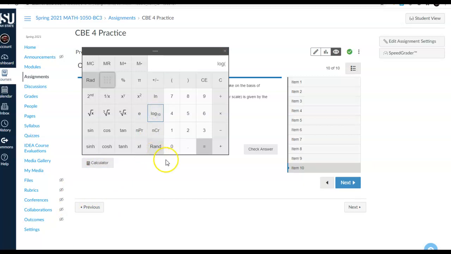So log of 2.94 times 10 to the 14. Whoops, that didn't work. Let's try that again. Where is my exponent on this calculator?